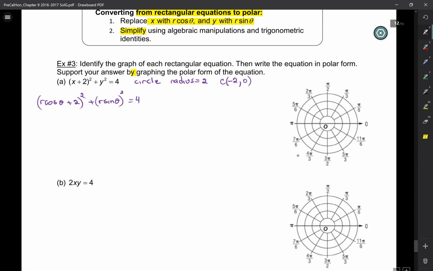So when I square the first binomial, I'm going to get r squared cosine squared theta plus 4r cosine theta plus 4 equal to r squared sine squared theta is equal to 4.